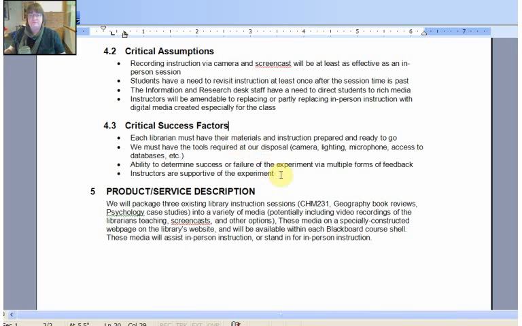And the critical success factors, another way of looking at this whole same range of items. What do you need to have in order to see success in this project, which is also forcing you to define success, which goes back to your outcomes just above. So what are the critical success factors? In this case, one that I added, which you can imagine how important it was, was that each participating librarian had to have all of their teaching materials prepared and ready to go.